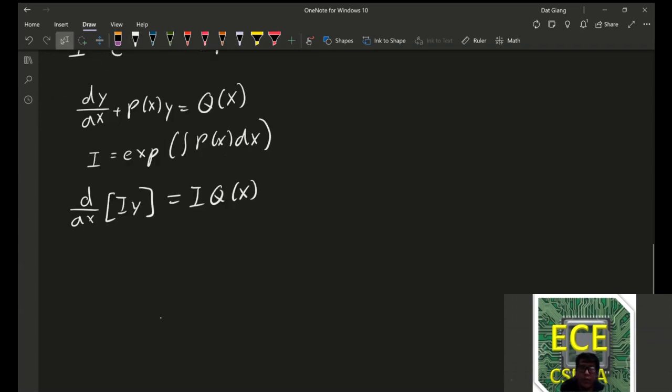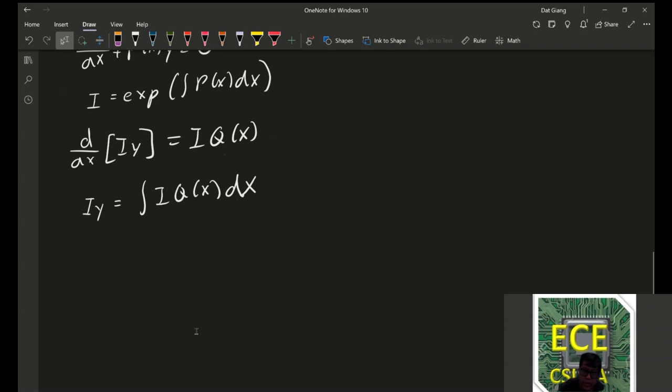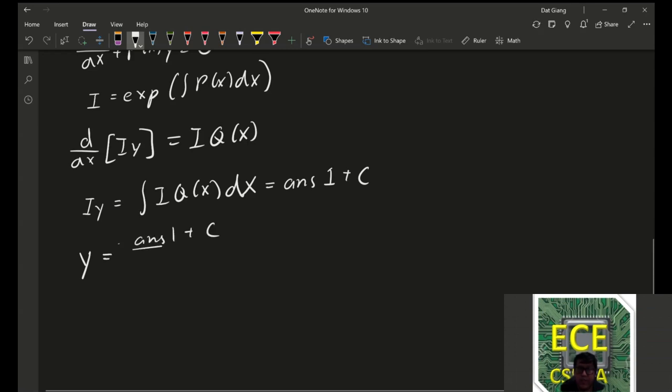From here, we're able to integrate both sides with respect to x, and we get that I y is equal to the integral of I q of x dx. One thing we have to do first is solve for it. So as a placeholder, I would say this is answer 1 plus c. To finally solve for y, we have answer 1 plus c divided by I. And that's our result.